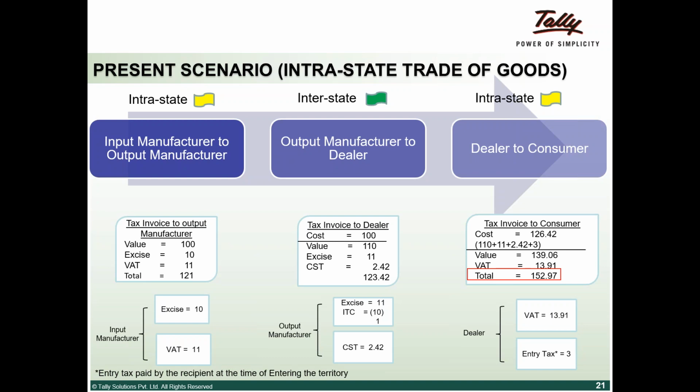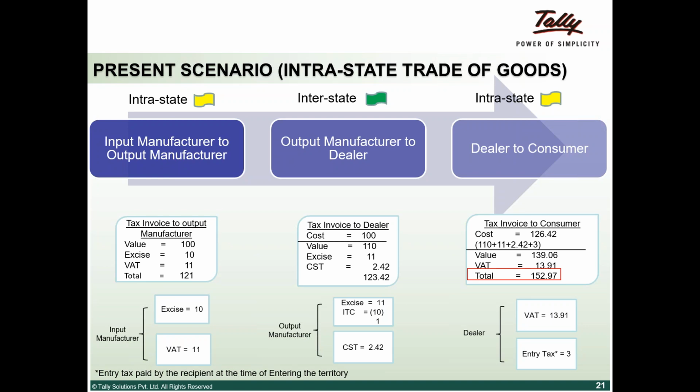In the second, output manufacturer to dealer. Now the output manufacturer manufactures in Karnataka and supplies to a dealer located in Tamil Nadu. Let's take an example of that. Now his cost is 100. The value addition he does is 10%, so 110, excise duty of 11, and CST.